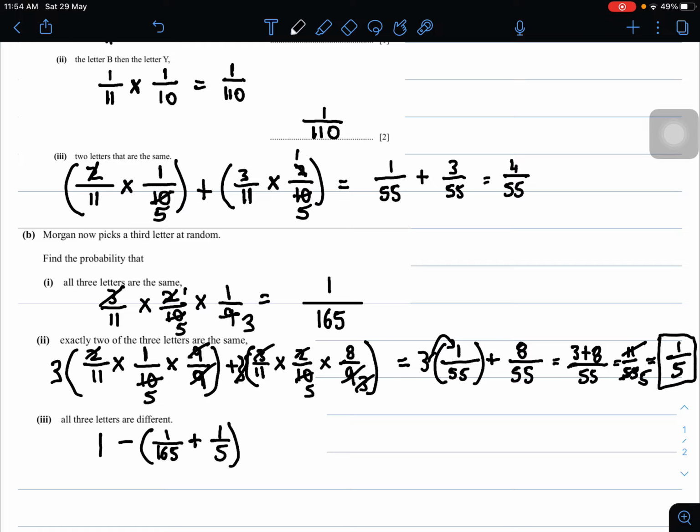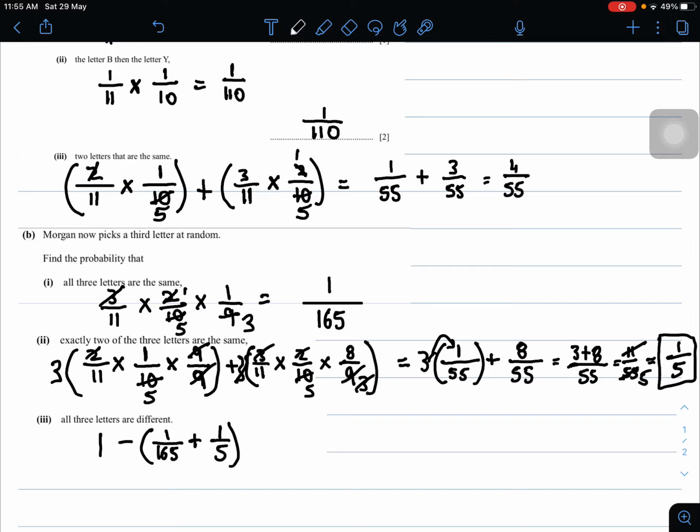Therefore you also minus that probability of getting two letters exactly the same out of the three picks in this part of the question, as we need all three letters to be different. So therefore you take into account both B part 1 answer and B part 2 answer in the process to find your final answer for B part 3.